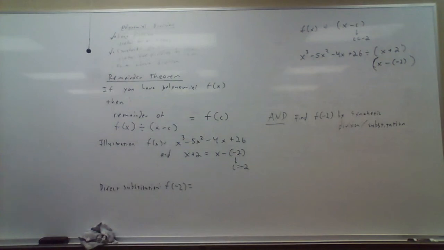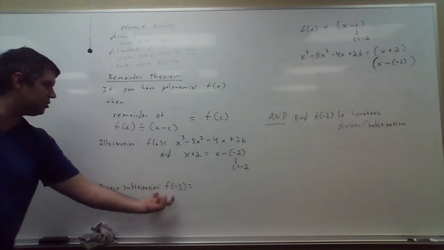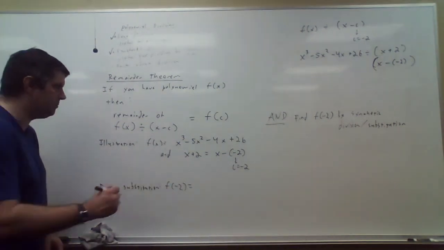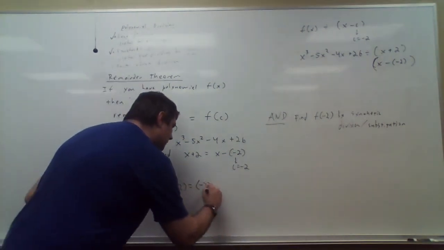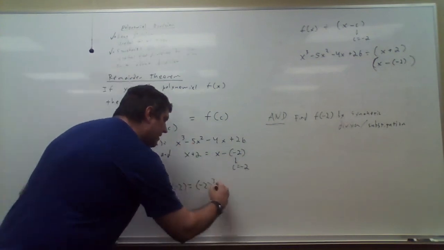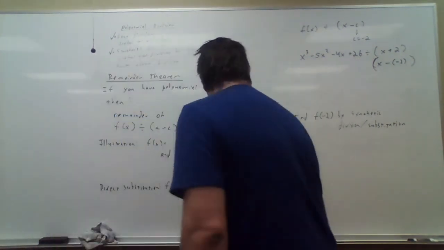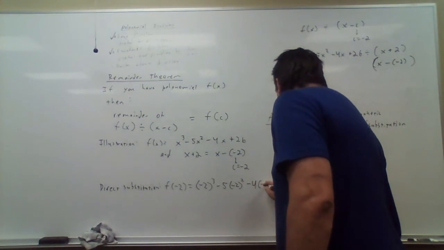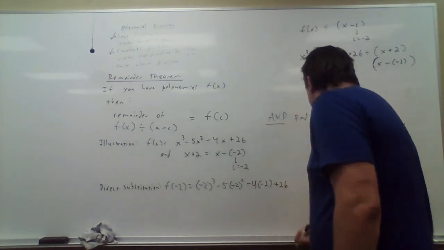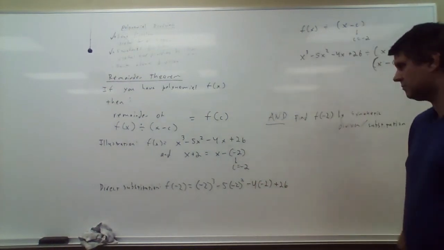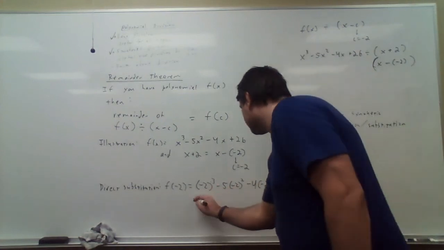Now, if I do direct substitution, f of negative 2 would be negative 2 cubed minus 5 times negative 2 squared minus 4 times negative 2 plus 26. And that's negative 8.